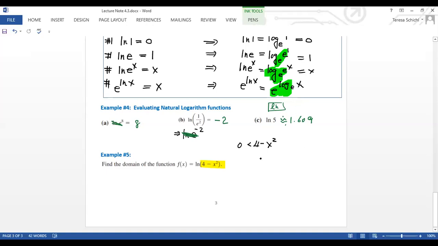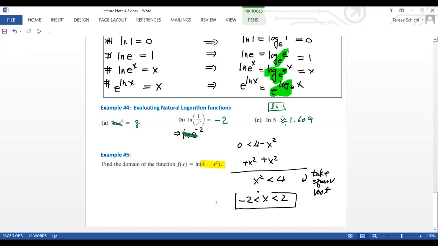Now I can add x squared to both sides. So I have x squared less than 4. Now I need to take the square roots of both sides. So I have x less than 2 and x greater than -2 here, right? So this will be my domain.